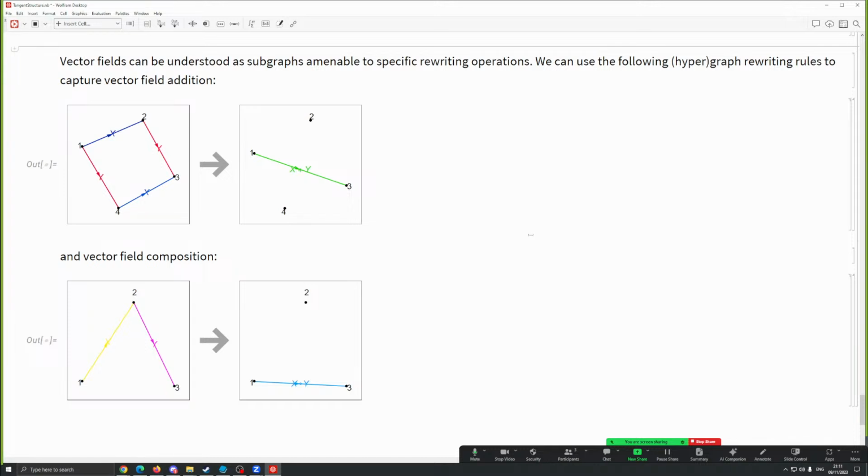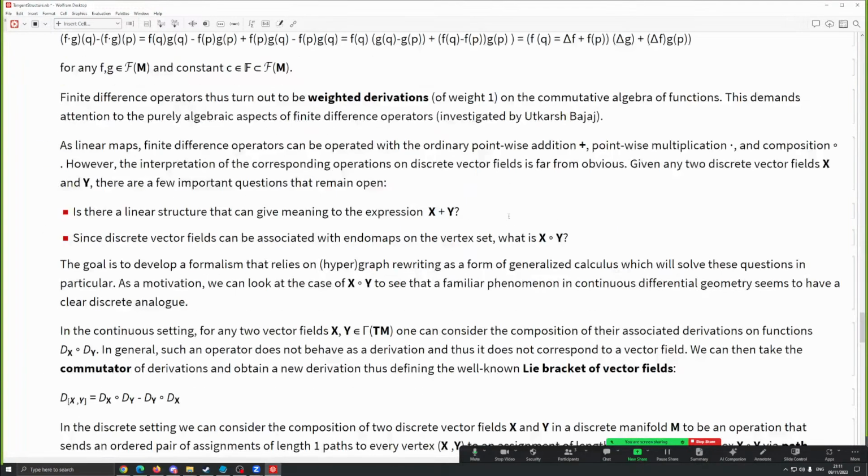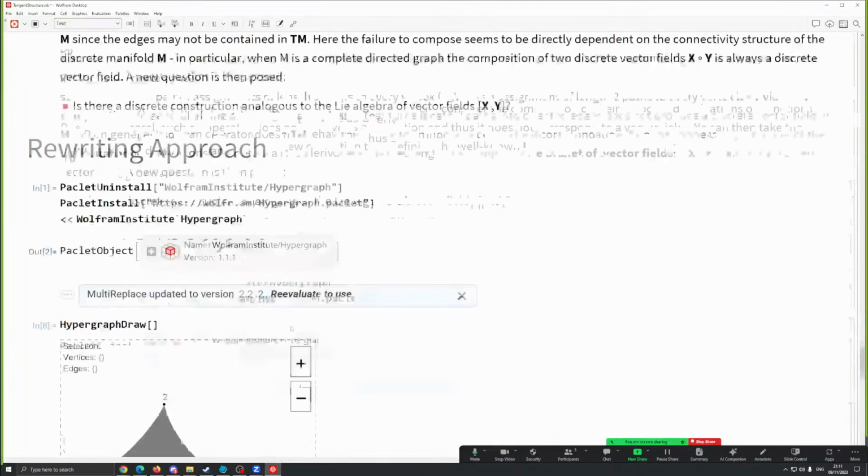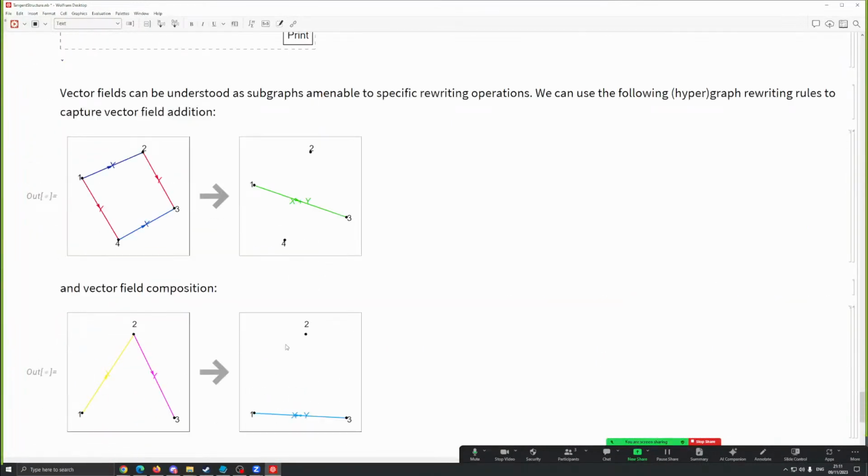Finite difference operators belong to the set of operators on functions, the objects that send functions to functions linearly. Those things can be added pointwise and can be composed, just by nature of maps.